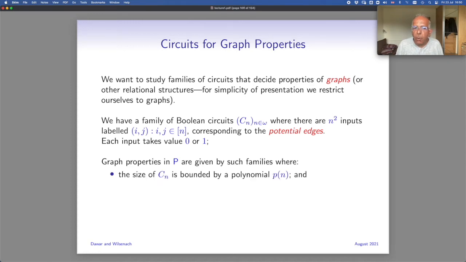So graph properties in P are given by such families where the size of the circuit is bounded by a polynomial in n, and the family is uniform. So again, the function which goes from n to Cn is computable in polynomial time, or you can make it more restrictive, for example, log time.